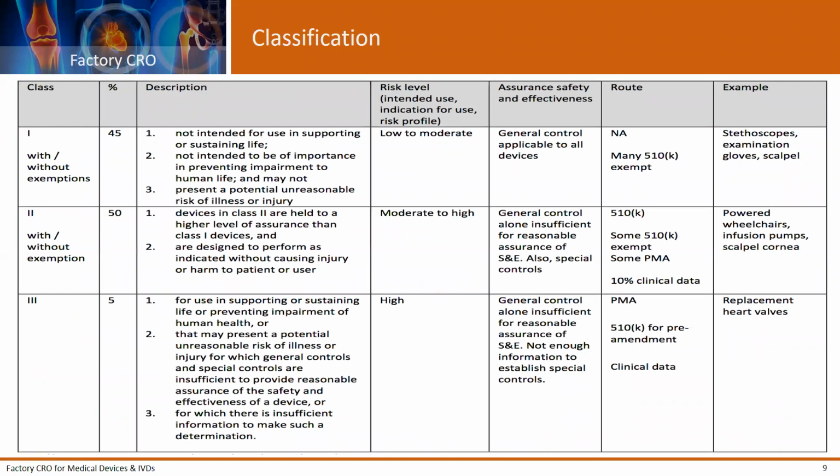This is basically an overview to look back at if you want to study or see everything in one overview. There are 3 classes of devices. Most of the devices, 45 and 50%, are in class 1 and class 2. What you see in the 6th column is that most of the class 2 devices are in the 510K route.